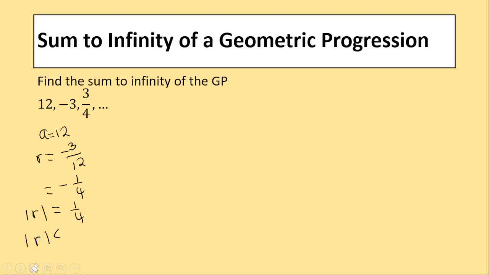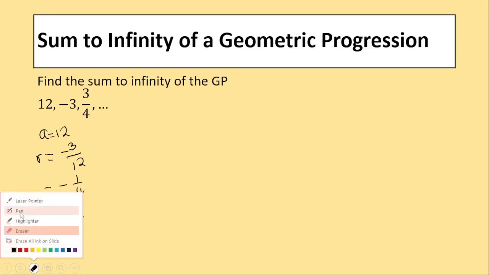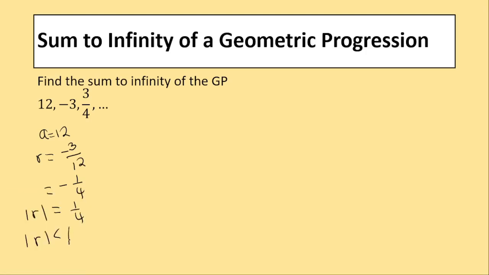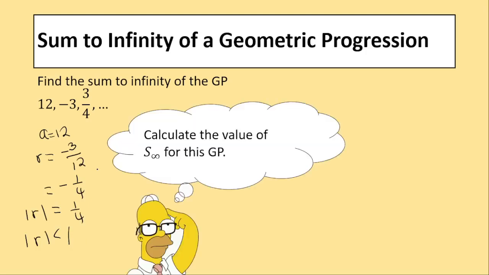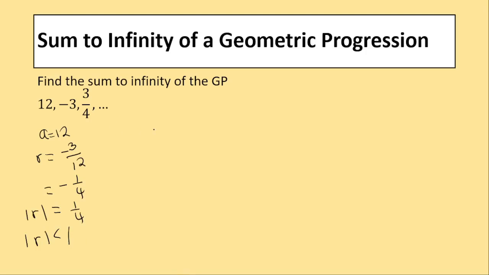The absolute value of the common ratio is less than 1. So what that means is that we can find the sum to infinity. Okay, let's now calculate the sum to infinity. So sum to infinity will be a over 1 minus r.